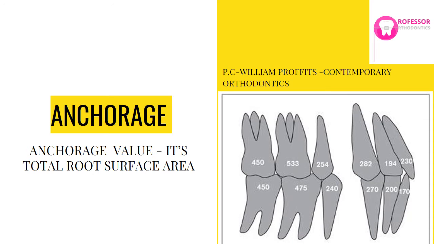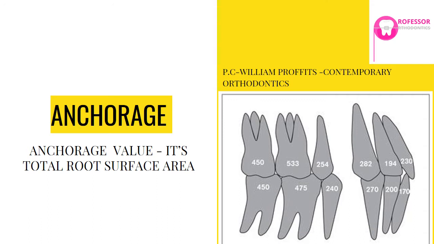Anchorage value is nothing but the sum total of the root surface area of all the teeth present in your anchorage unit. That means in this picture, say it is a bimaxillary protrusion case, you have to retract the maxillary anteriors to correct the protrusion.